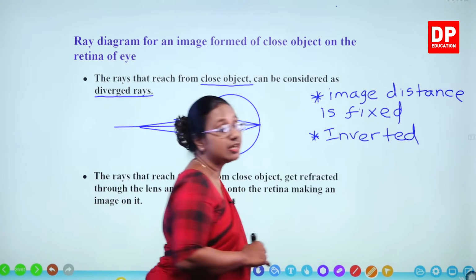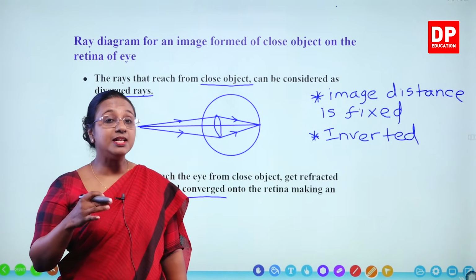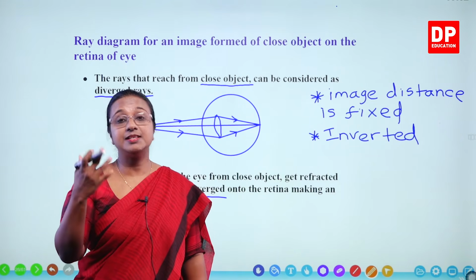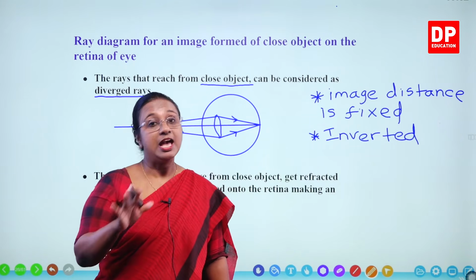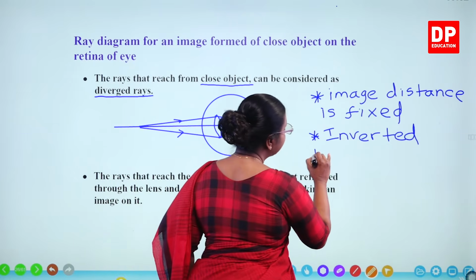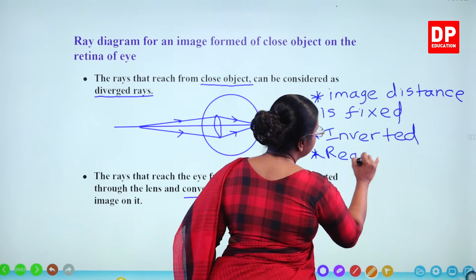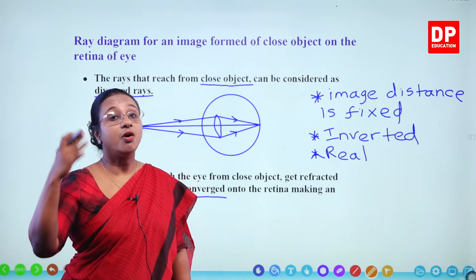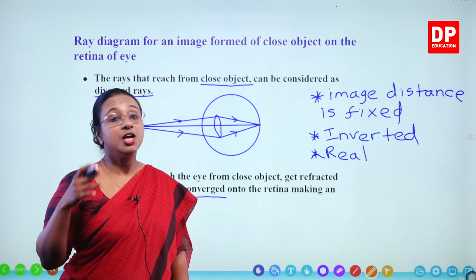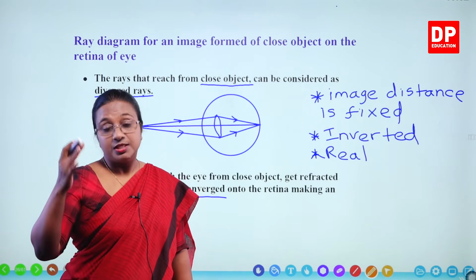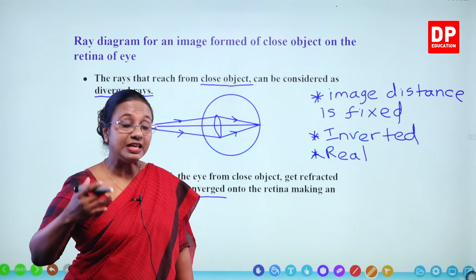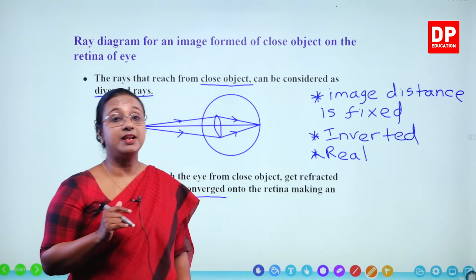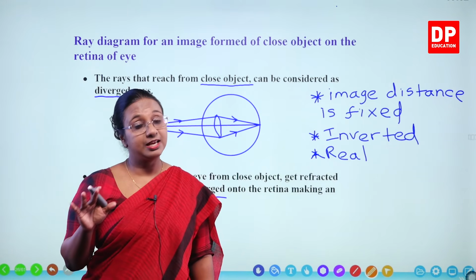Always an inverted image forms, but when the information goes to the brain, it interprets it as the correct image. And also we call it a real image. The reason is it forms on the screen, or it forms on the retina. You all are familiar with that. The image that forms on a screen is known as a real image. So here, because it forms on the retina, we call it a real image.